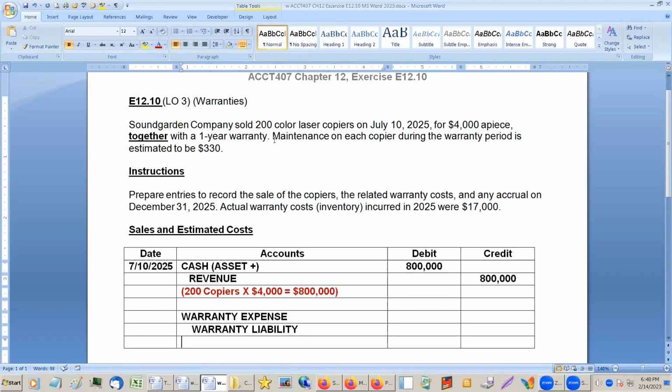Well, they estimate it to be $330. So we have 200 copiers times 330.